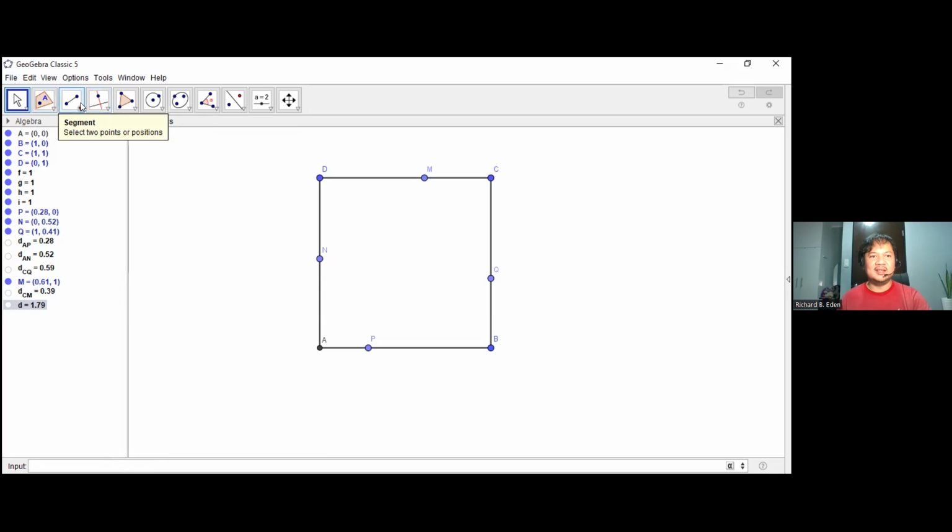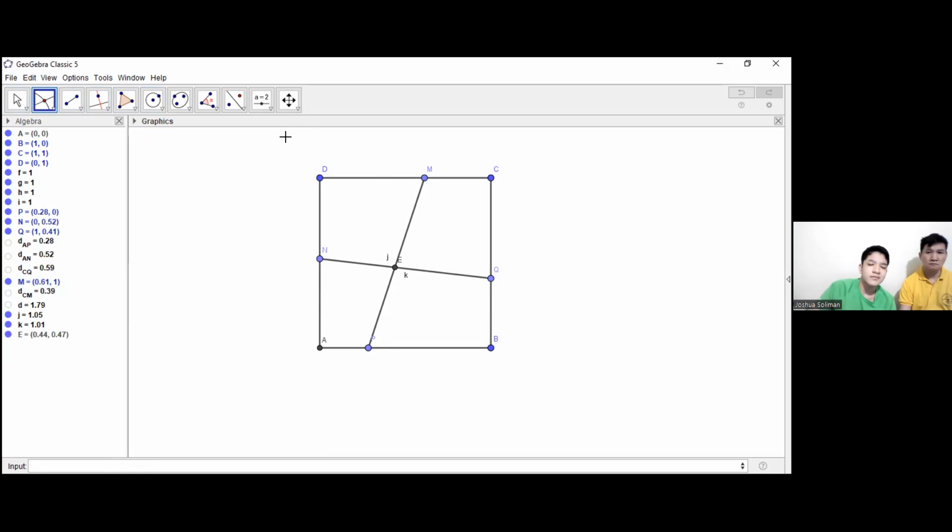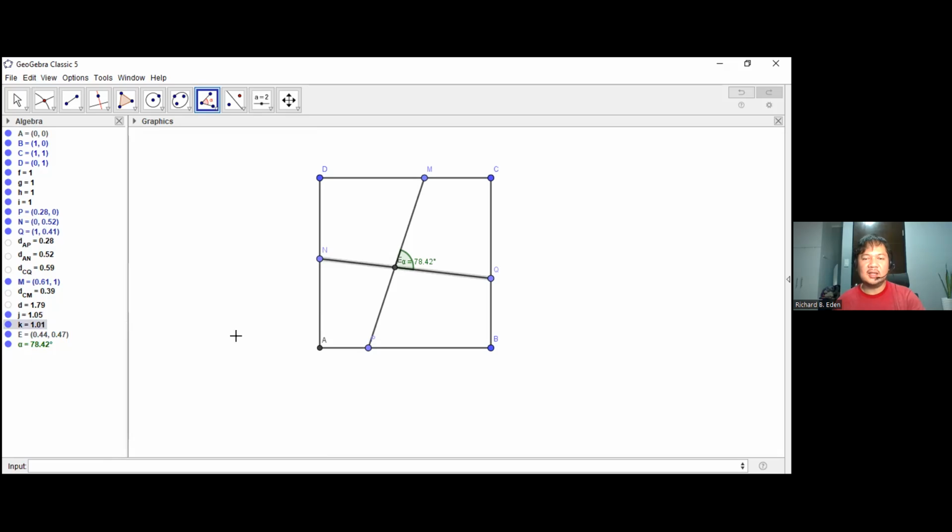1.79, and so that's not equal to 2, and as we can see here, we can measure the angle. They're not perpendicular. We can mark out the angle like so. So 78.42 degrees. Let's remove the labels for J and K. But let's say nung M, i-move natin.